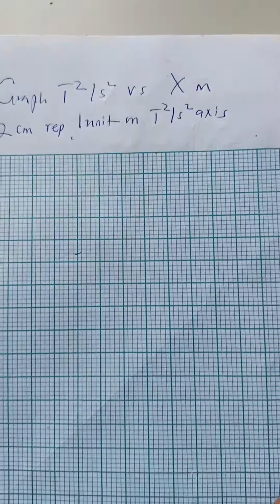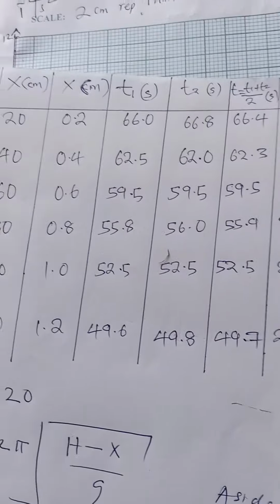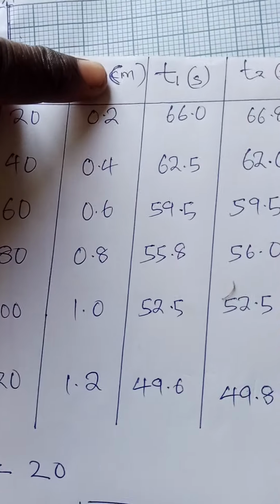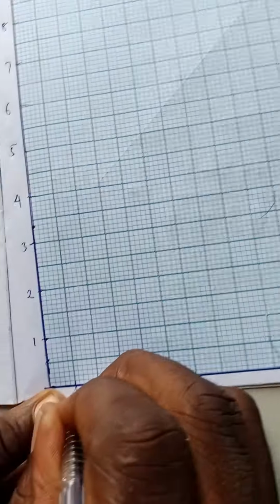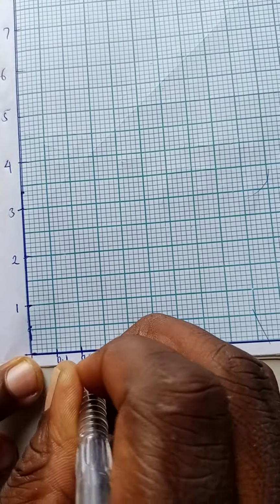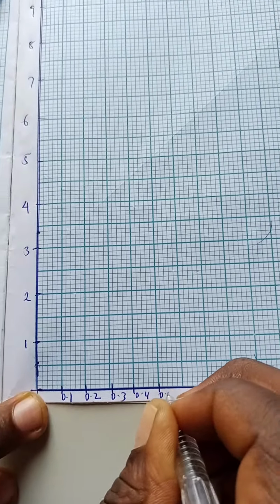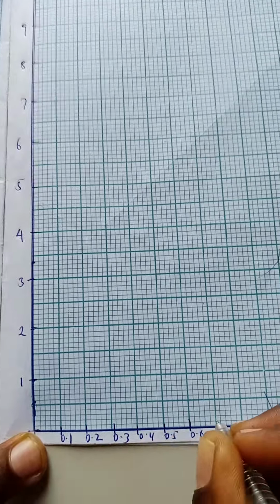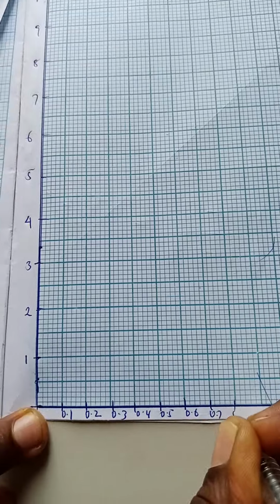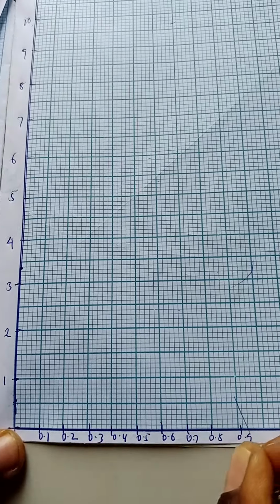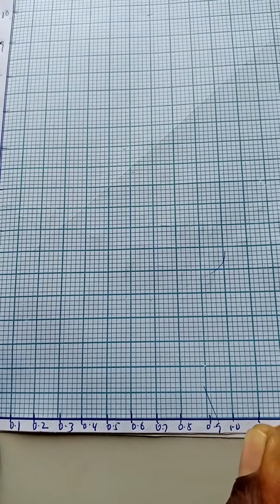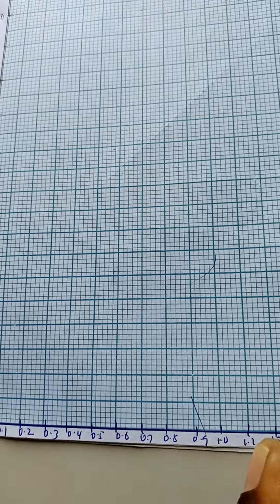So let's go and find the scale on the x-axis. If you check on our x-axis, the minimum is 0.2 meters and the maximum is 1.2 meters. So we can go at 0.1, 0.2, 0.3, 0.4, 0.5, 0.6, 0.7, 0.8, 0.9, 1.0, 1.1, and 1.2.